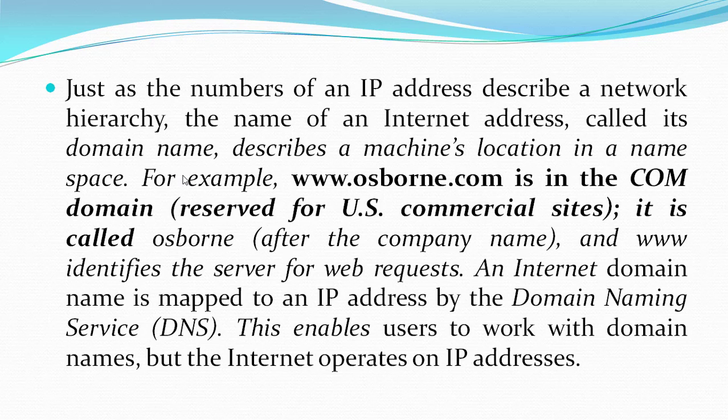For example, www.osborne.com: com is the domain reserved for US commercial sites, it is called Osborne after the company name, and www identifies the server for web requests. An internet domain name is mapped to an IP address by the domain naming service. This enables users to work with domain names, but the internet operates on IP addresses.